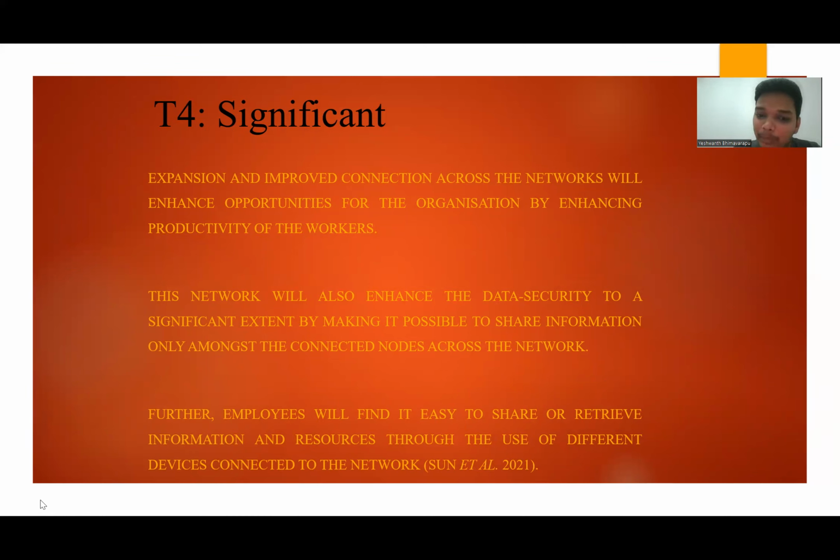Further, employees will find it easy to share or retrieve information and resources through the use of different devices connected to the same network. Even when there are different devices connected to the network and employees want to use some of them, they can still use the network.